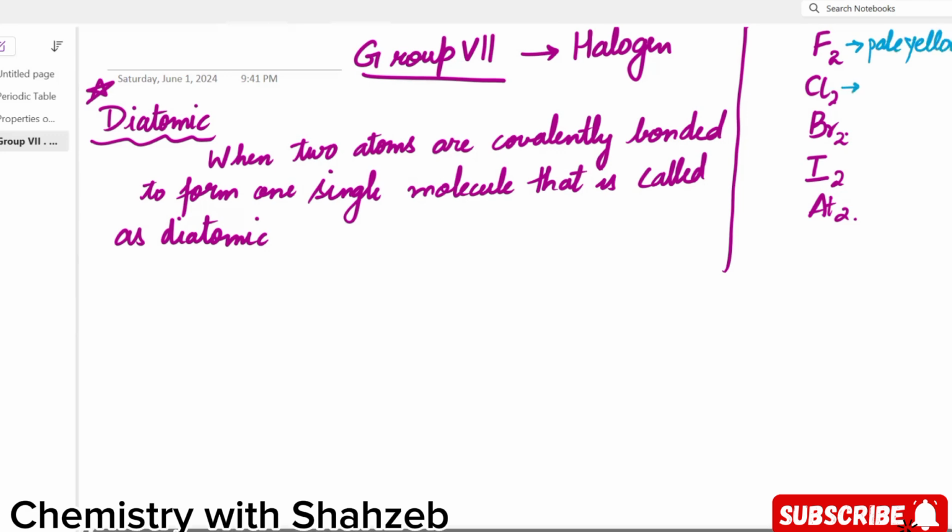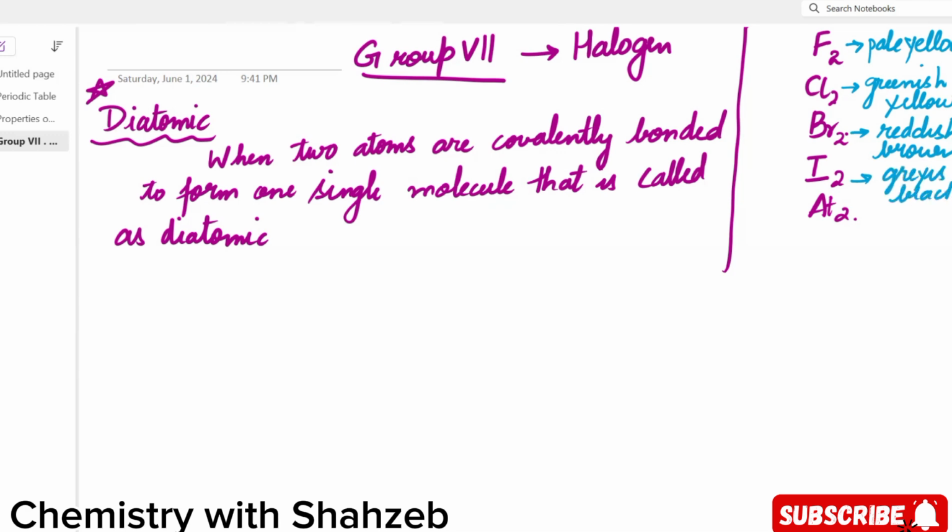Chlorine is greenish yellow. Then bromine has a reddish brown color. Then we have grayish black, and then we have black color.